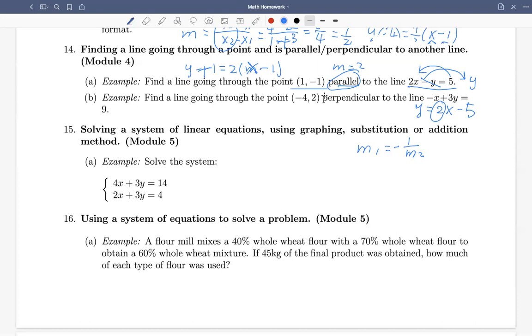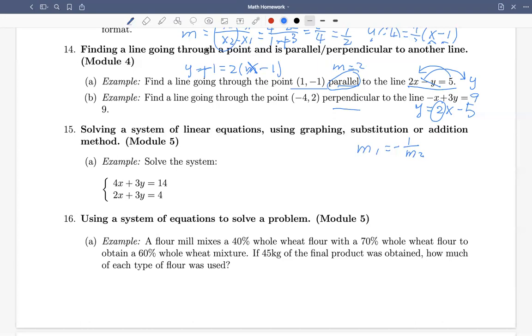Now let's see the second one. The second one is perpendicular to this one, to -x plus 3y equals 9. Let's move 9 here. So negative x plus 3y equals 9.